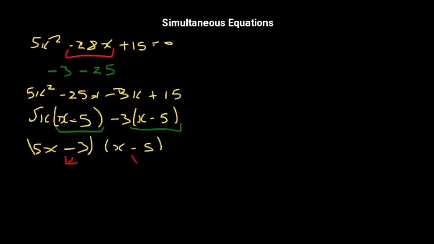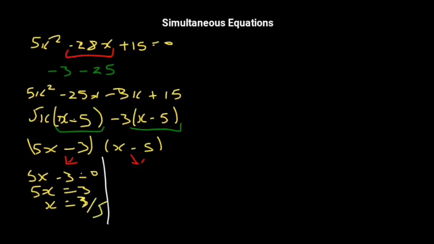We now need to find our x values in both brackets, so we need to equate each expression to 0. So for the first bracket we have 5x minus 3 is equal to 0. 5x is equal to positive 3, and then x is equal to 3 divided by 5, 3/5.